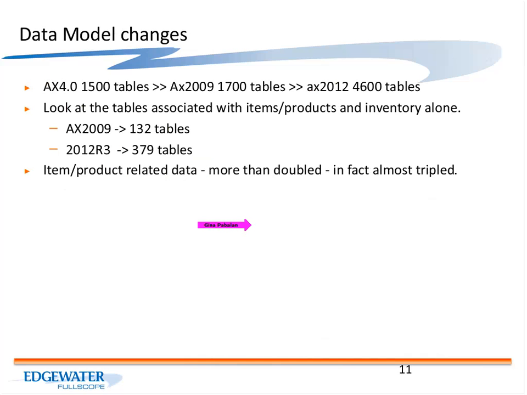But just as an example, if you look at tables associated within AX related to items and products and inventory alone, in 2009 you had 132 tables. In 2012 R3, you have 379 tables. They've almost tripled the number of tables to define items, products, and inventory alone.